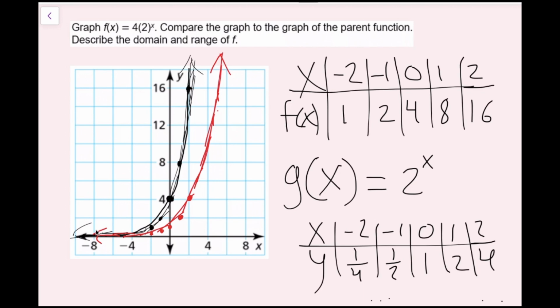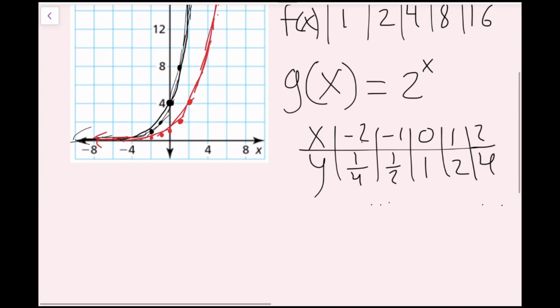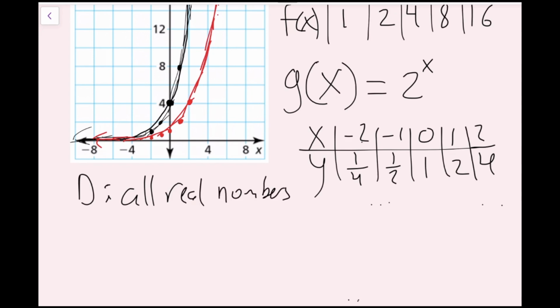So the only range values here are going to be positive numbers. So the way I'm going to write my domain and range is by doing domain all real numbers. My range is going to be y is greater than 0, because it's never going to reach 0, but it's going to come infinitely close to 0. Anyway, we successfully completed all of the criteria for this example, and now we're done.